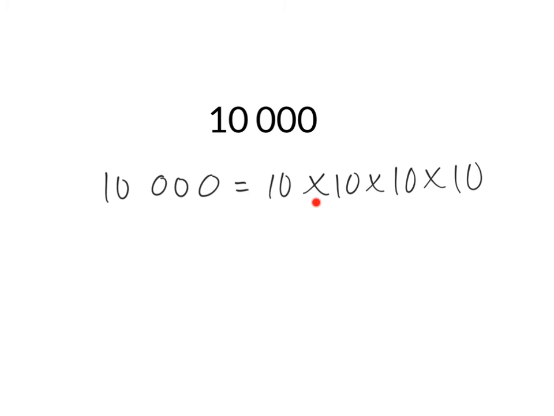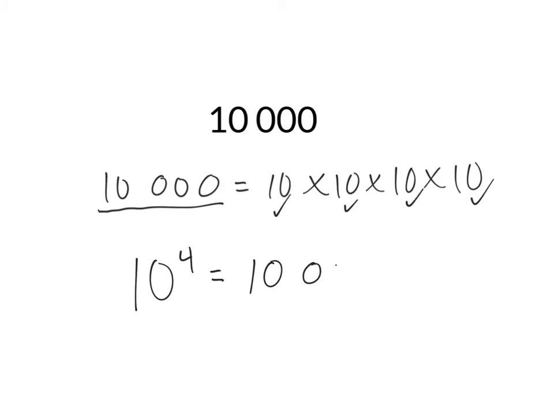And to do it, we use exponents. Now, we use exponents when we want to say a number is multiplied by itself a certain number of times. So in this case, we have 10 once, twice, 3, 4 times. So we could represent the number 10,000 as 10 to the power of 4. It's equal to 1 with 4 zeros behind it.